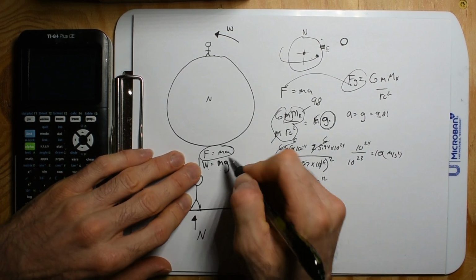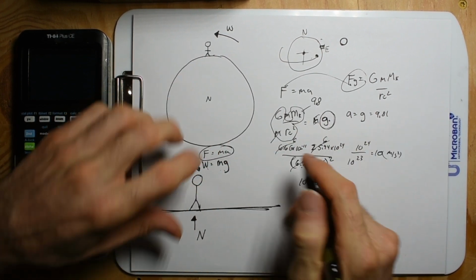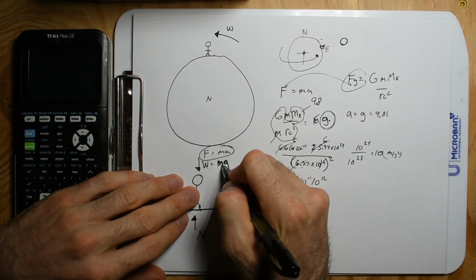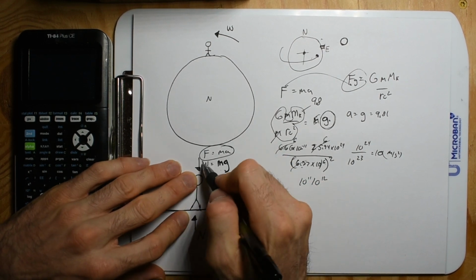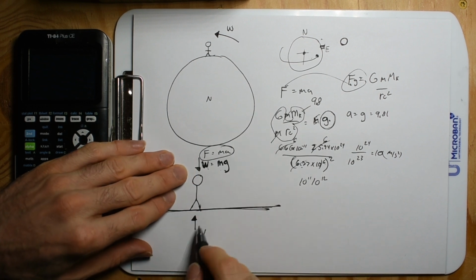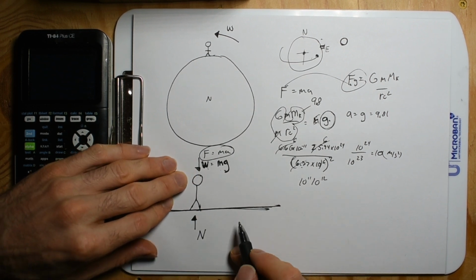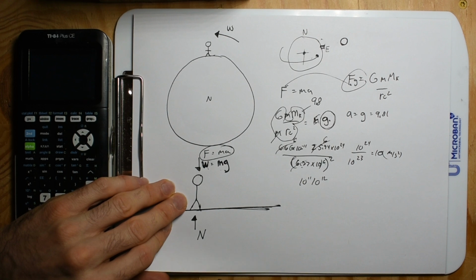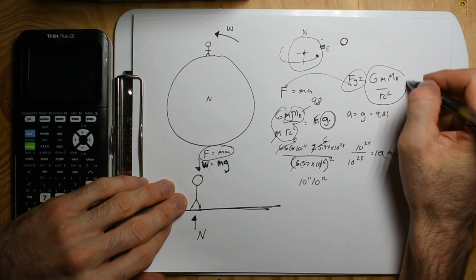It's because we know the acceleration of gravity, and multiplied by our mass, that's going to be our weight. That's the force that's caused by the acceleration of gravity. Cool. And it's just this side of the equation too.